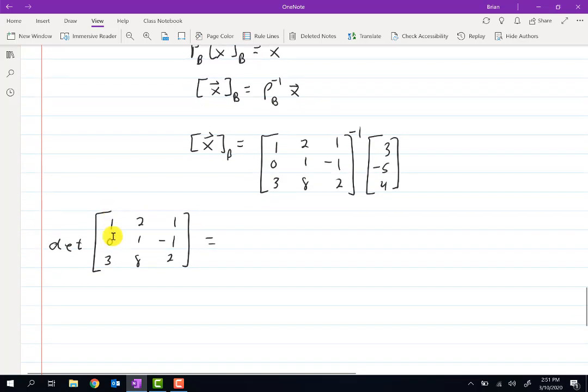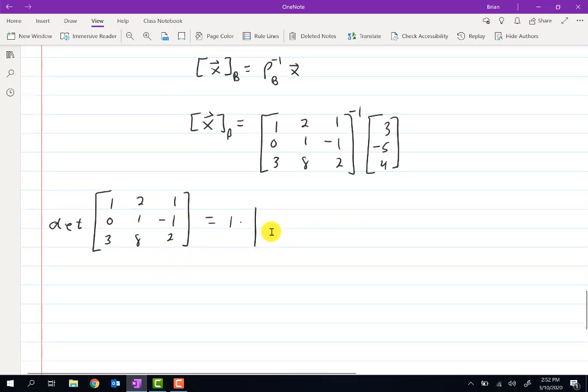Since I have a 0, it gives me a little bit less work to do. So I have a positive 1 times, and don't forget, what's typically done is this is the item that I'm choosing for this number out here, but then you cross out the row and cross out the column, and the entries you have left make up the little determinant that you'll be taking.